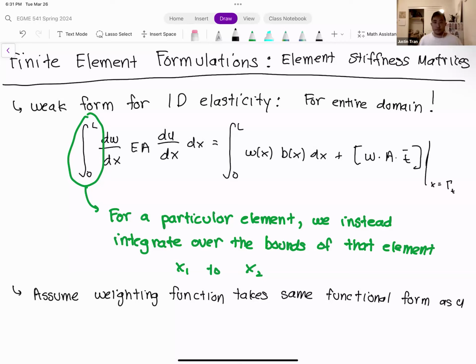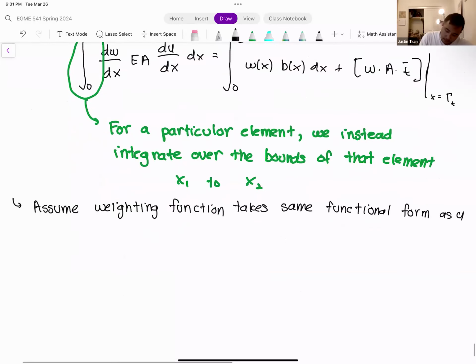Same functional form, but different coefficients. So our w of x is equal to w1 N1 of x plus w2 N2 of x.